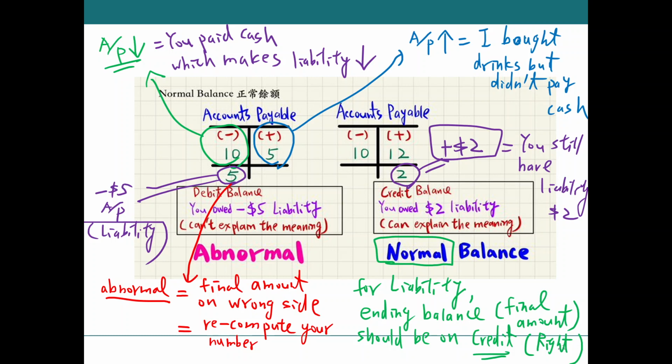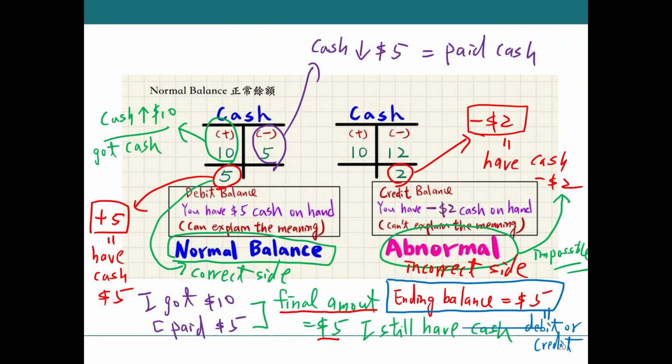Any questions? Based on cash and accounts payable, did you find out the rules? Normal balance should be on which side? Let's take a look again. This is the cash.